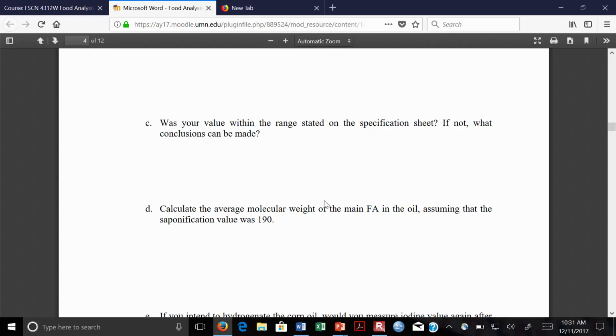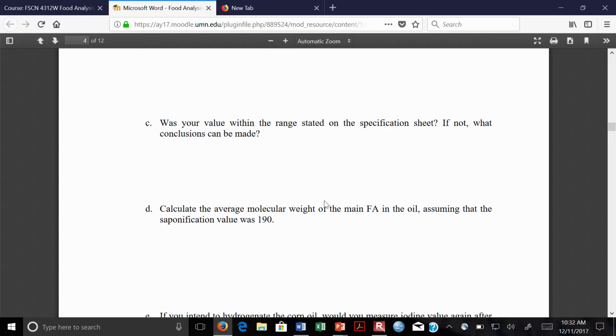So I use this equation, 3 times 56.1 times 1 over 0.19. And I get, what do I get? 884. Okay, so this is the molecular weight of triglyceride.